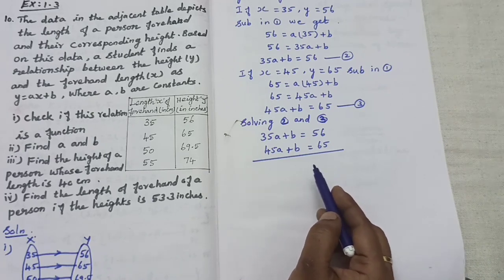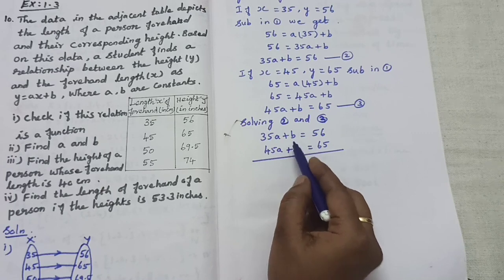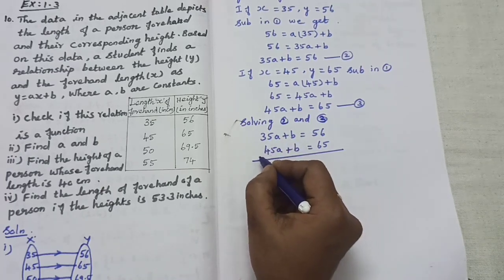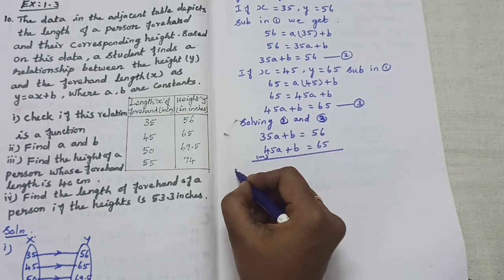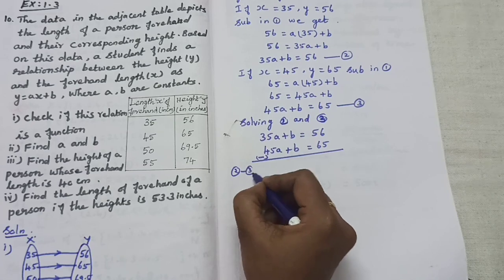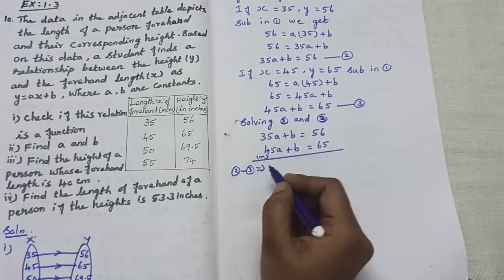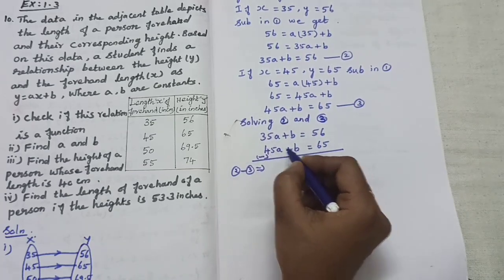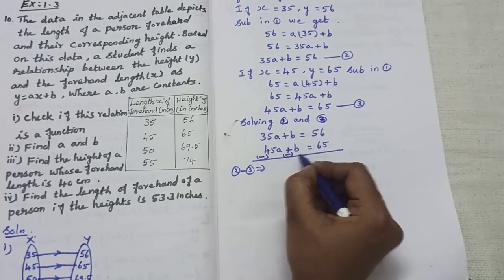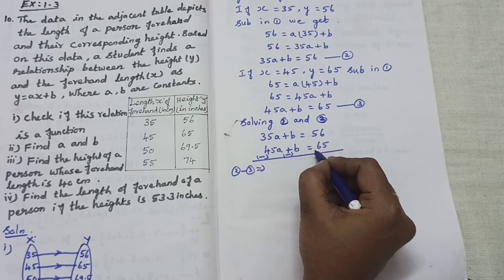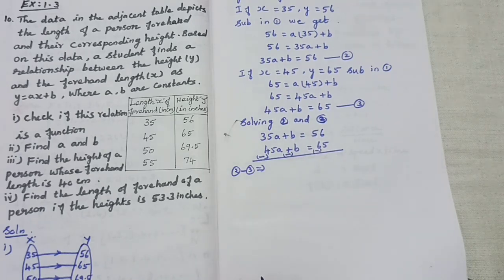Different signs means we can cancel, so we have to subtract equation number 2 minus equation number 3. Subtract means the sign of the second equation will change: this plus becomes minus.